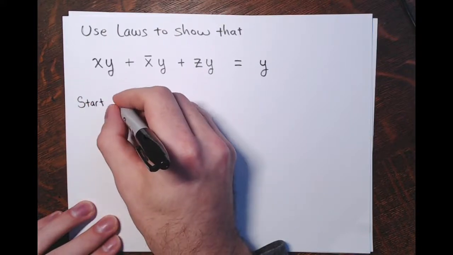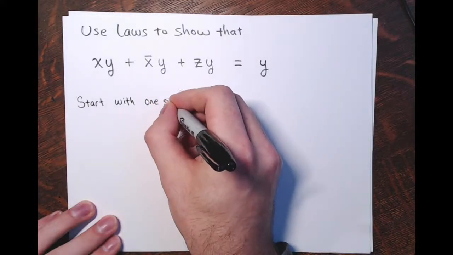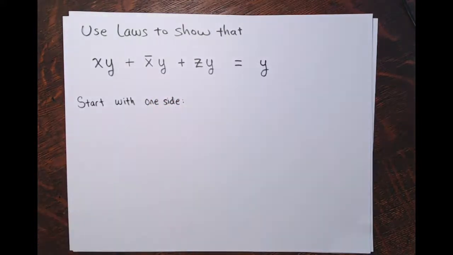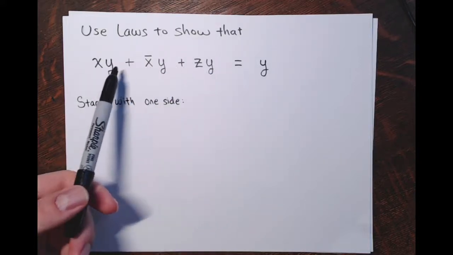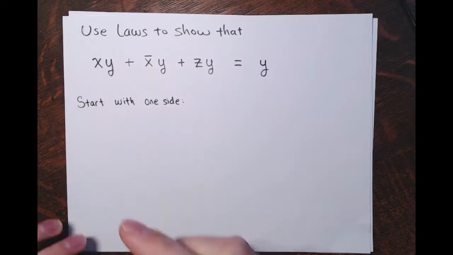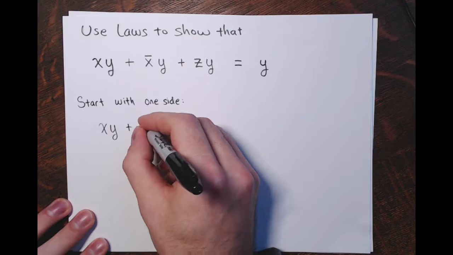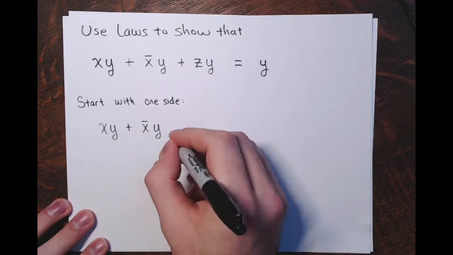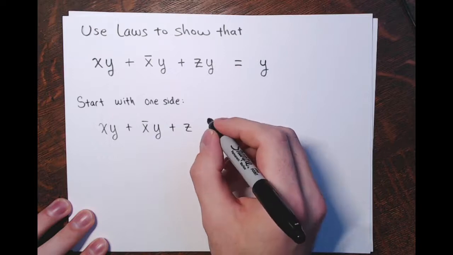So I'm going to start with one side. Usually it would be easiest to start with the side that looks most complicated, so that's clearly this left expression. I start with x times y plus the complement of x times y plus z times y.